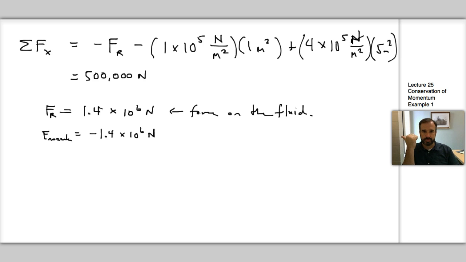And then the force to hold it in place is equal and opposite to that, so the force to hold is equal to 1.4 times 10 to the 6th newtons.